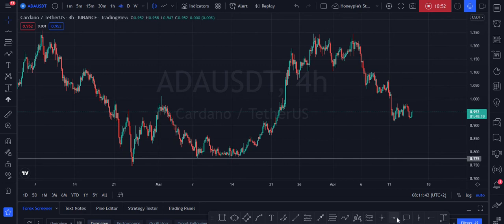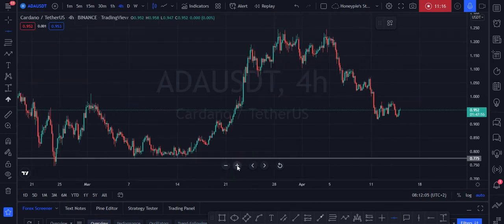Now, whenever you want to identify somewhere as a support, that point must be where price is above. If we look at the current market price now, it is at this point, let me zoom in a bit.